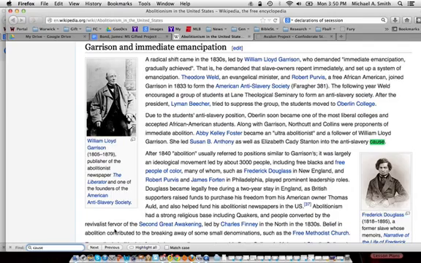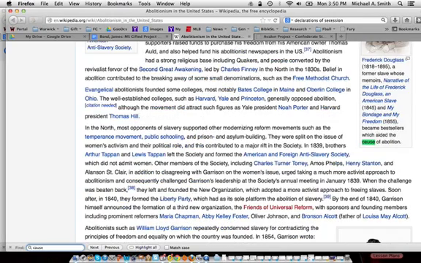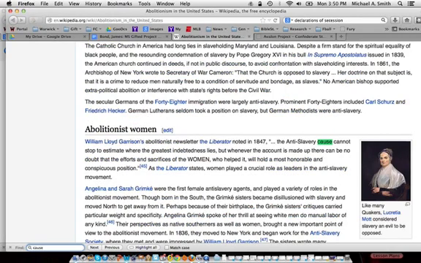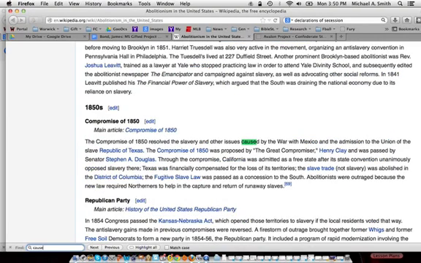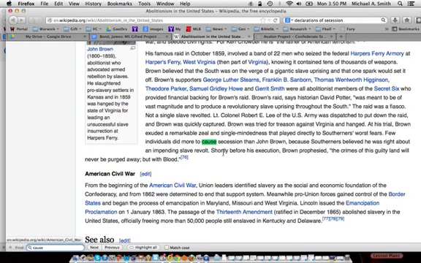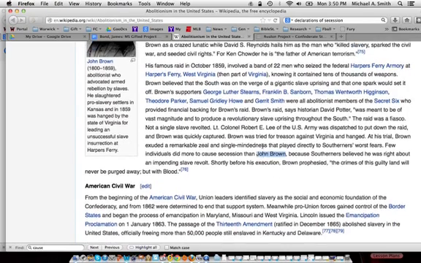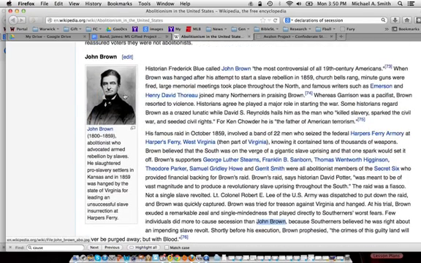Anti-slavery cause of abolition, cause cannot stop, abolitionist women, cause. And notice this statement: few individuals did more to cause secession than John Brown. Who is John Brown, and why is he so important to the cause of secession and thus the Civil War?